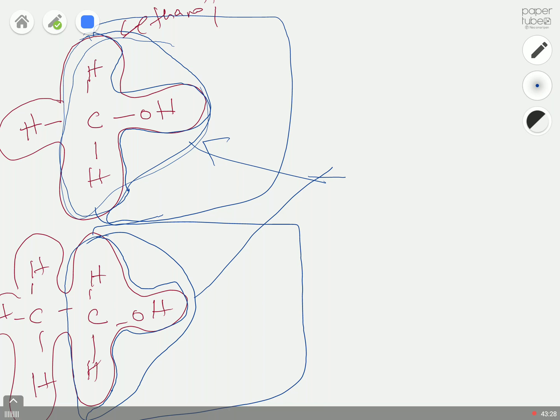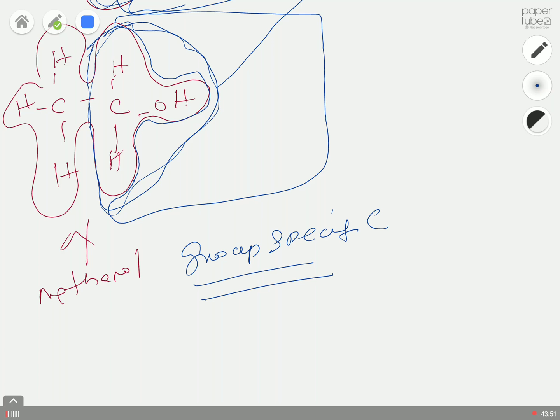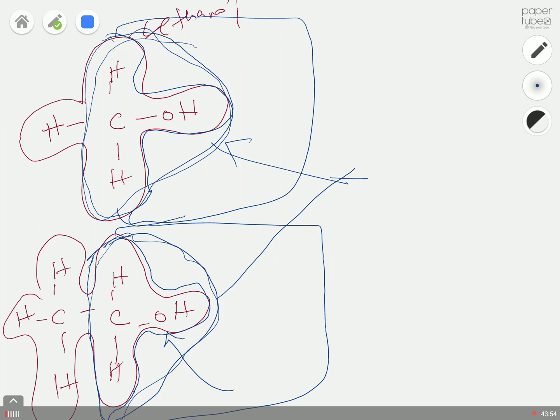Enzymes that can recognize closely related molecules or substrates, or that can recognize molecules that contain some specific type of functional group, we call group specific. So in this case, enzymes can take both these types of compounds and convert them into products. We call that type of enzyme group specific enzymes.